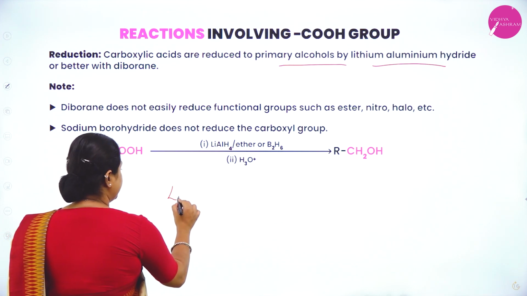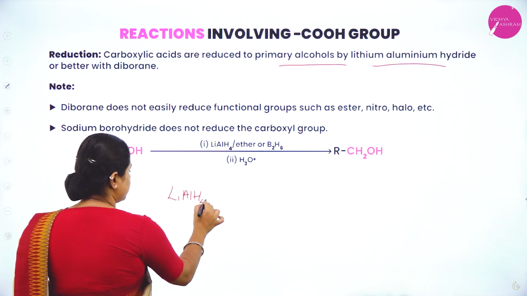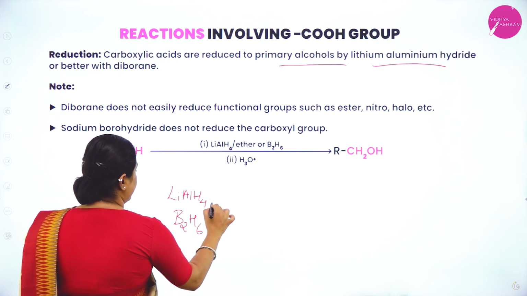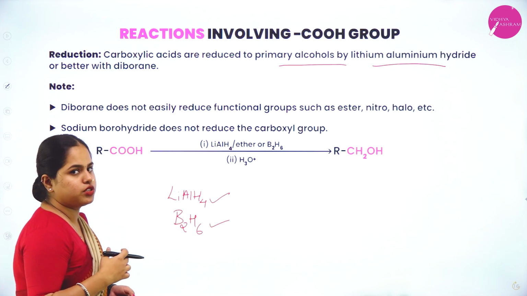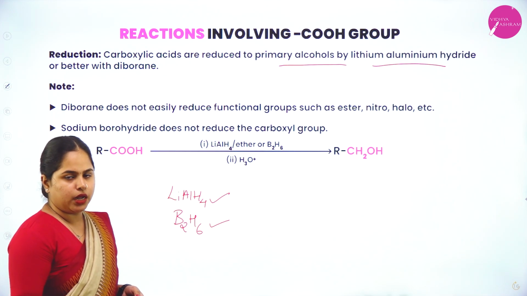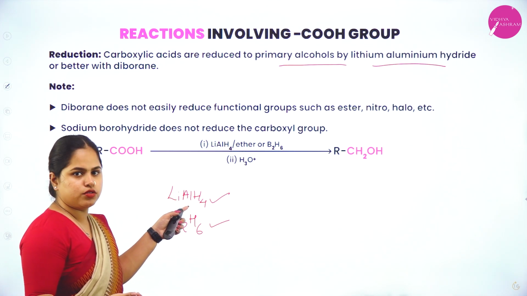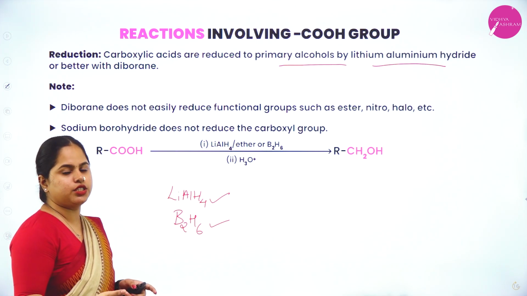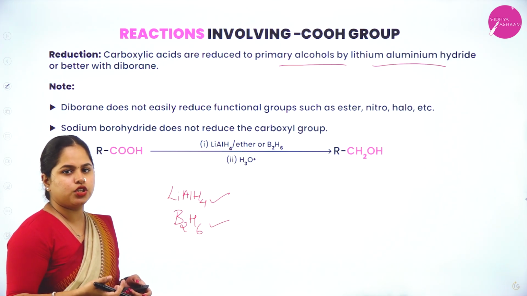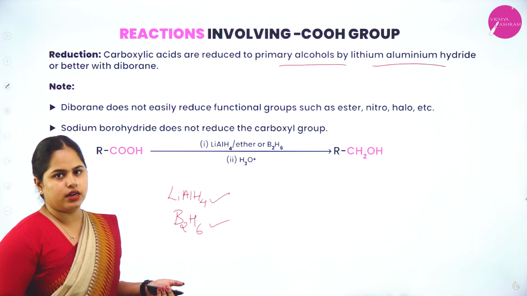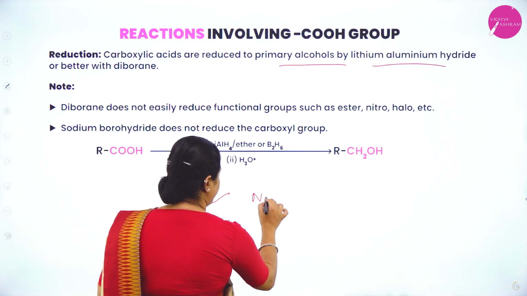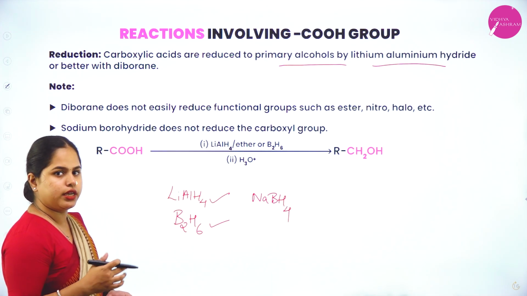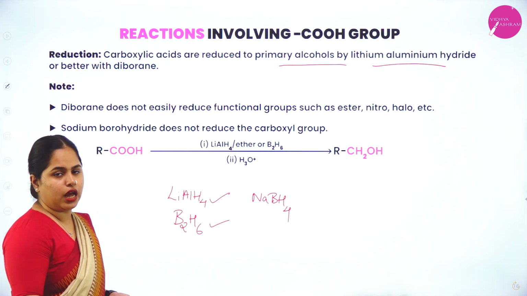So you have lithium aluminum hydride which is best for this reaction, and you have diborane also, B2H6. Either of these you can use for reducing carboxylic acid to the primary alcohol. Diborane is used for carboxylic acid only; it does not easily reduce the functional groups nitro, halo, ester, etc. And sodium borohydride, that is NaBH4, does not reduce carboxylic acid to the alcohol group, right?